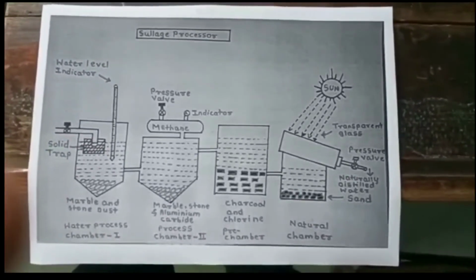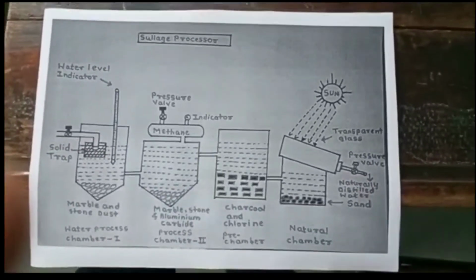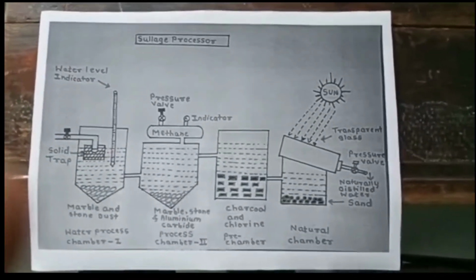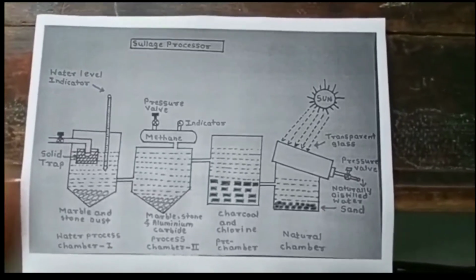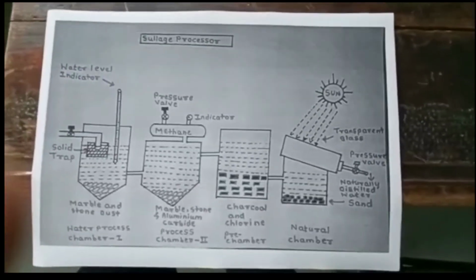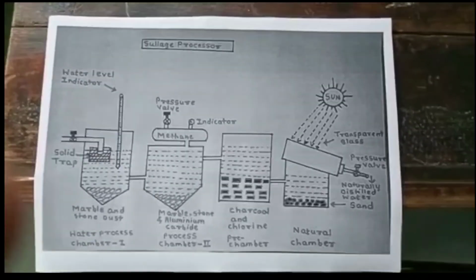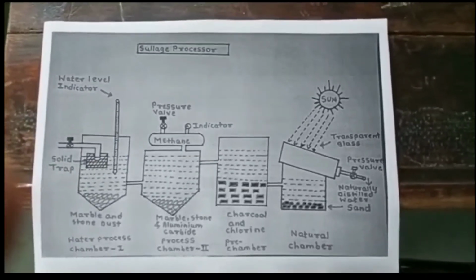In the pre-chamber, that is in chamber number 3, we again use chlorine. The basic purpose of using chlorine in the pre-chamber is to avoid any unwanted smell available in the wastewater.